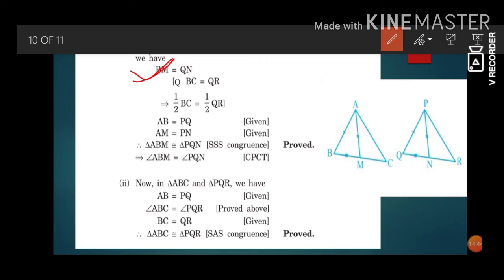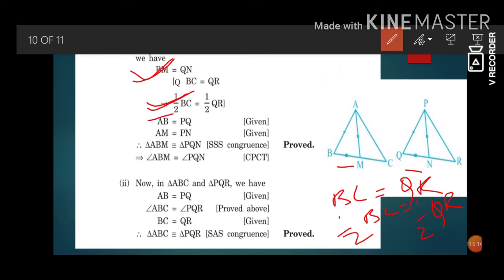So BC equals QR, and AM and PN are medians, so half of BC equals half of QR, which implies BM equals QN. That is what we have written, that half of BC equals half of QR, as AM and PN are the medians. So we have used BM equals QN.